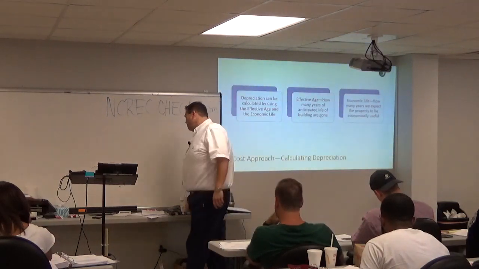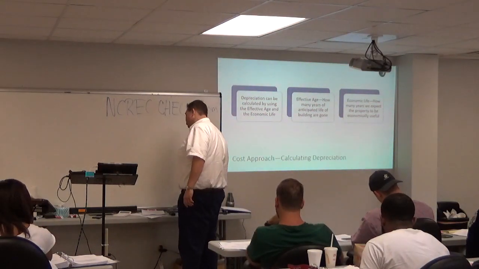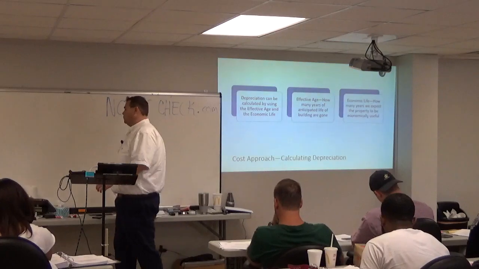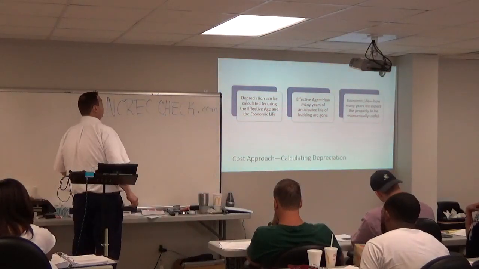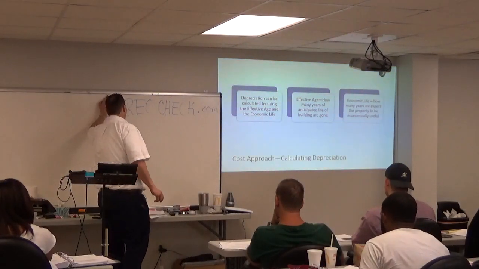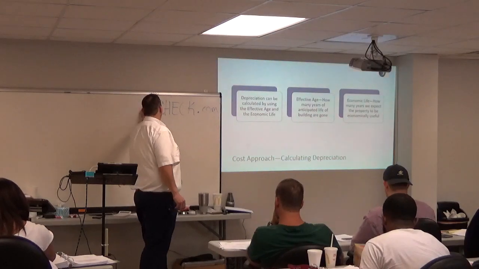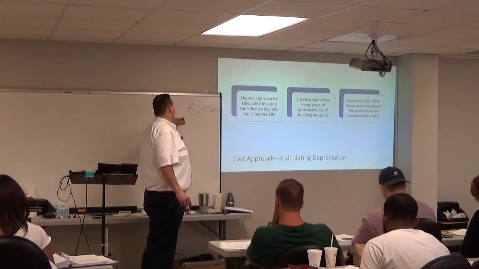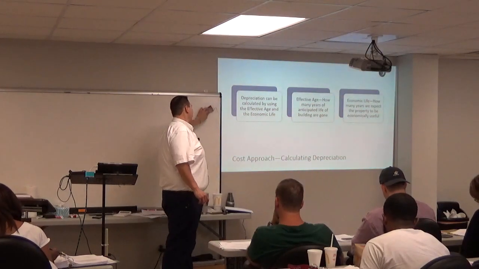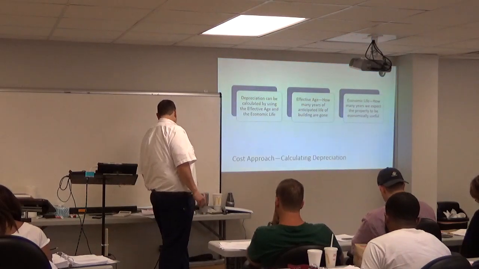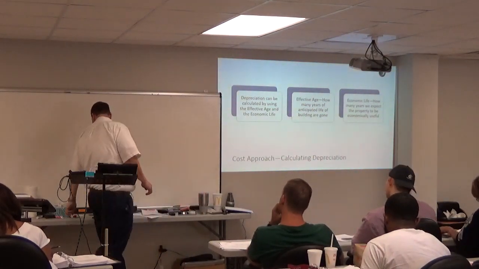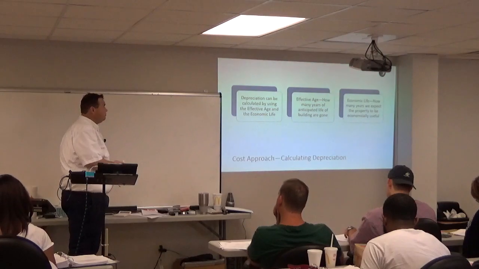And when you get into the math of depreciation, you're going to have 2 really important numbers that you need to be familiar with: the effective age and the economic lifespan.